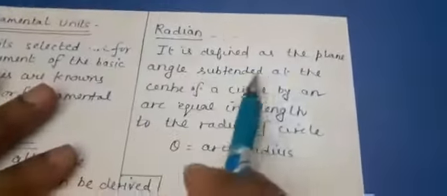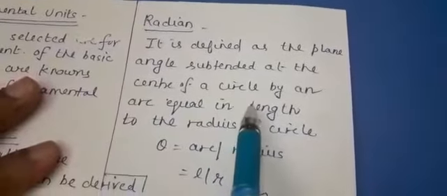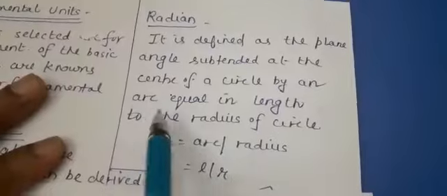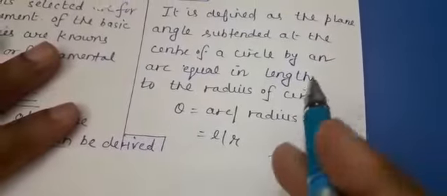First of all, let me take the radian. Radian is defined as the angle subtended at the center of a circle by an arc of length equal to the radius of the circle. What is the meaning? Let's see.